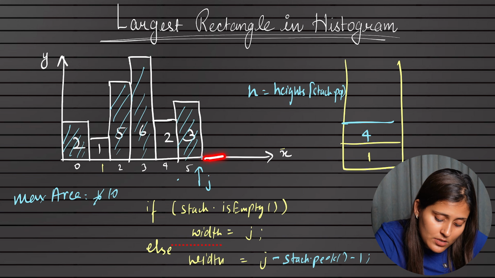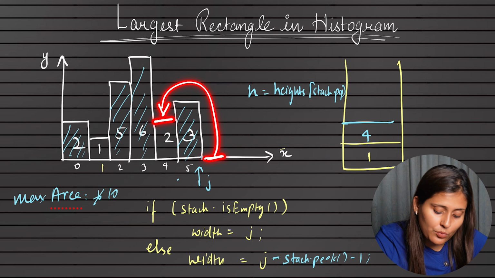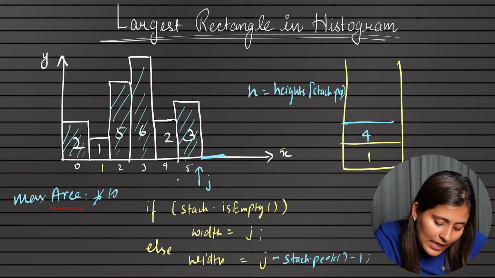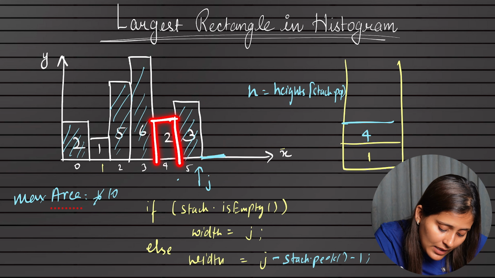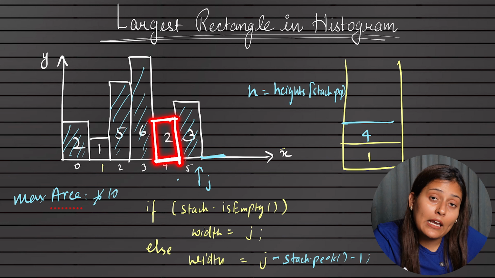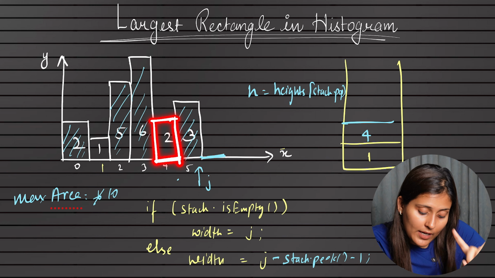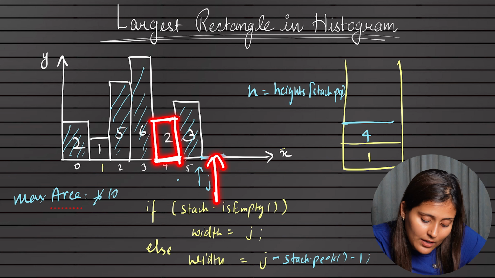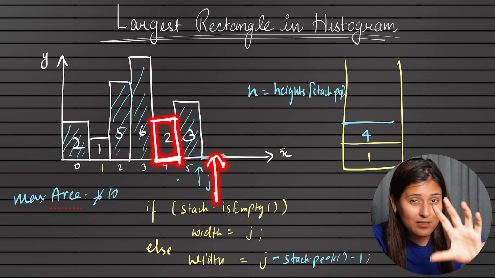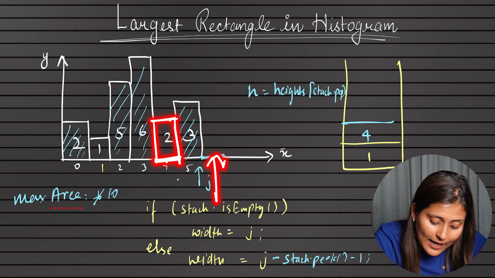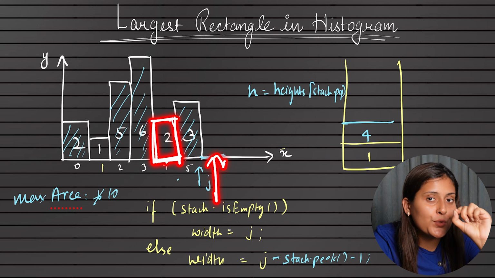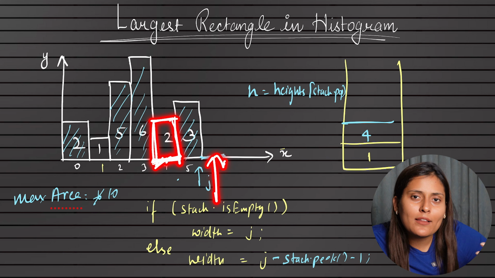Now what I'll say, with this 0, I want to calculate the area with 2. Like I'm saying, with the help of this 2 height, till where can I calculate the area? Correct? Again, see, I am here, J. Correct? See, this is actually a magic. You are calculating area for 2, and if you remember, with the help of 2, till where can this 2 help?